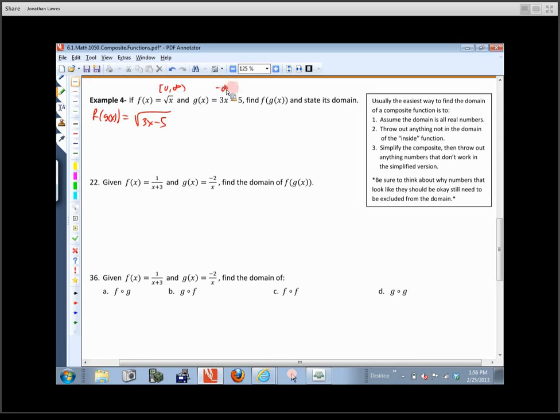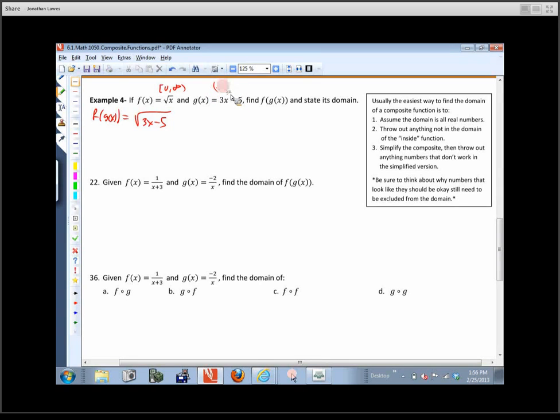This has a domain from negative infinity to infinity. Now, think very carefully here. This is not as simple as saying, I'm just going to take the smaller of the two. It doesn't work that way. Composite functions are algebraically much more complicated than adding, subtracting, multiplying, and dividing. You're literally taking one function and plugging into another function to make a completely new one.